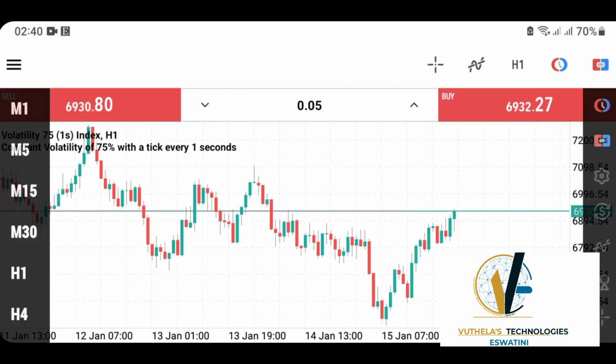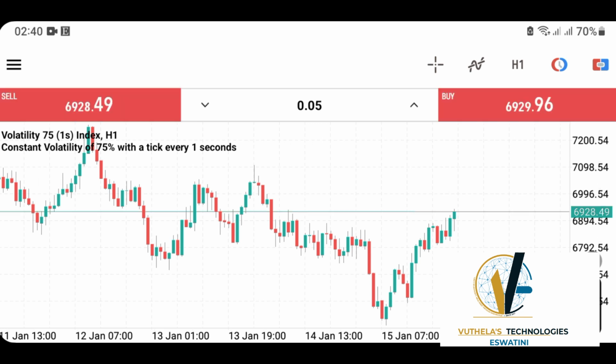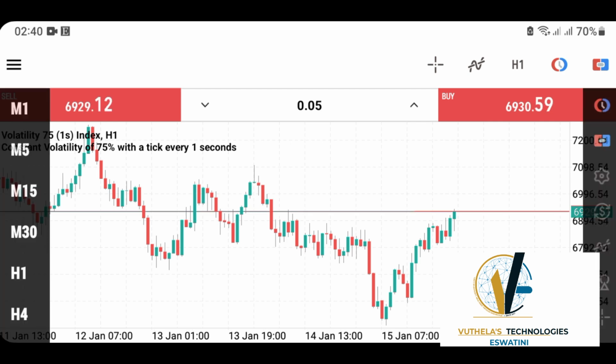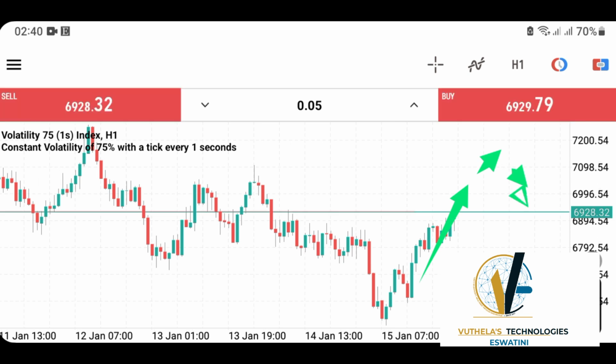You see, when the market is going on its road, for now, as you can see, here the market is bullish. Okay, when the market fails to continue going up further, and then it goes down, it fails.